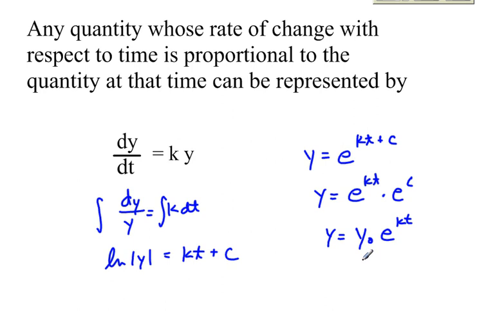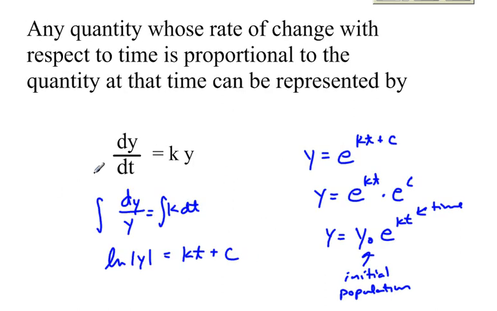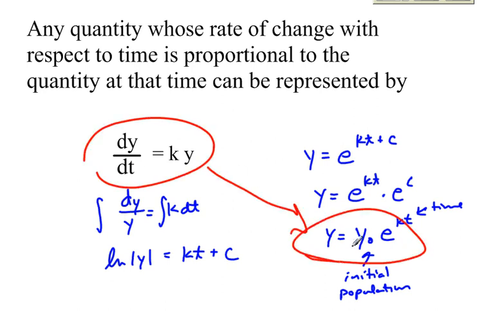That's our starting population, so that's the initial population. And t is our time right there. All right, so what we're going to be doing in these problems is we're going to actually just jump from here, from this equation, right over to that equation.